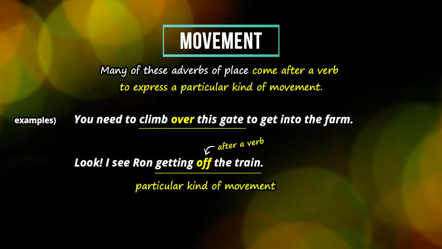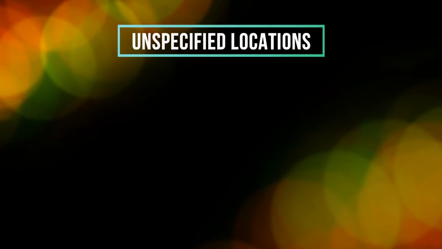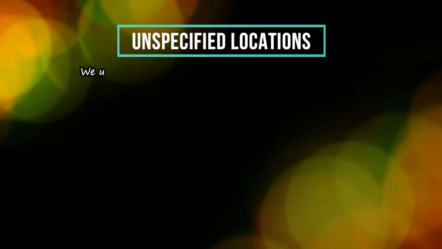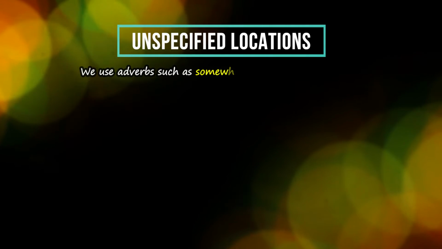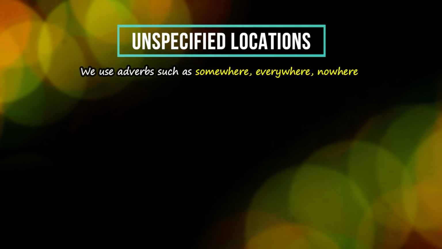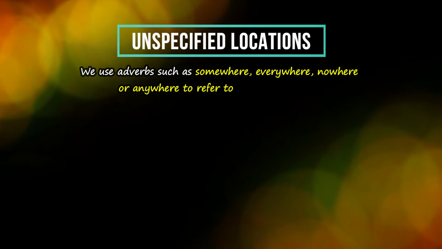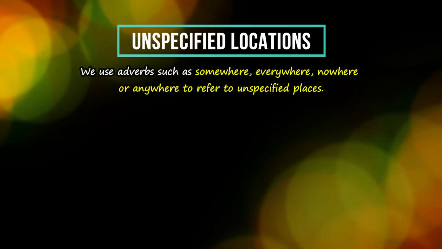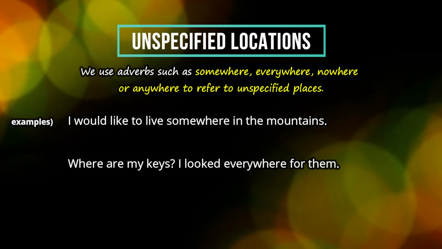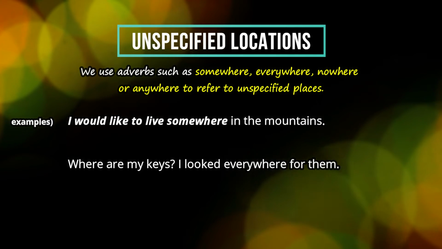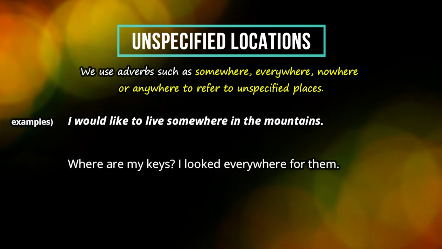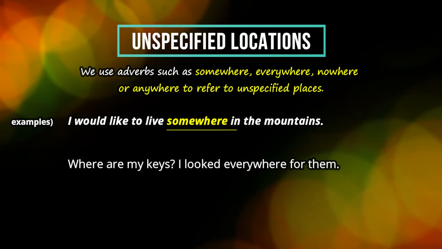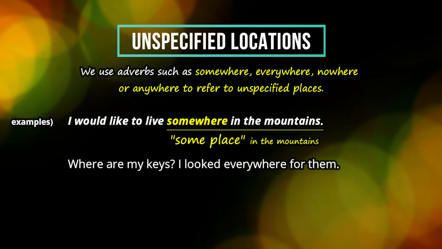The next category that we're going to look at is unspecified locations. And we use adverbs such as somewhere, everywhere, nowhere, or anywhere to refer to unspecified places. Here's two examples for you. The first one is, I would like to live somewhere in the mountains. Somewhere means someplace in the mountains, okay?